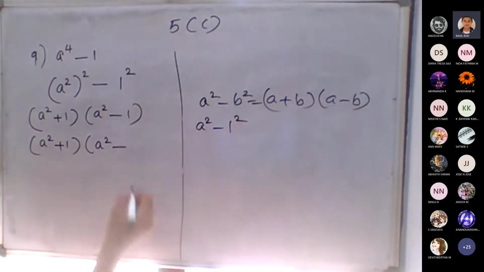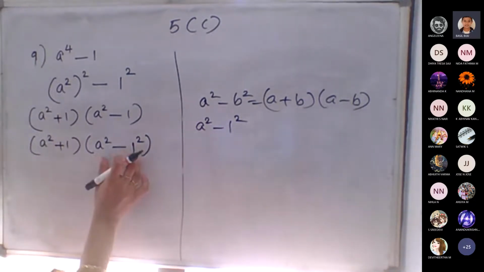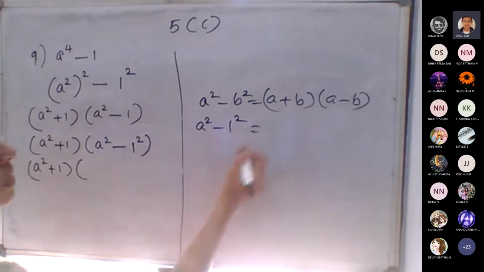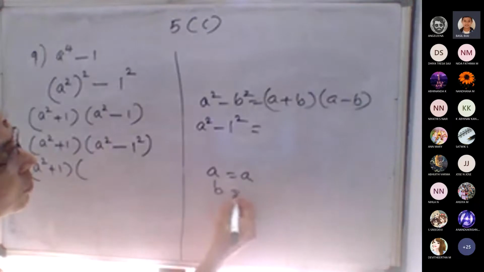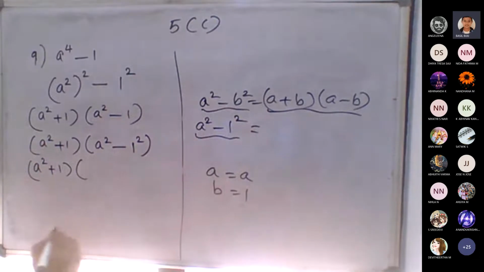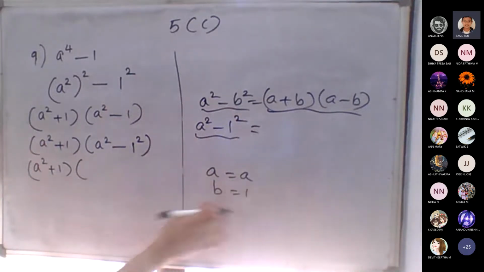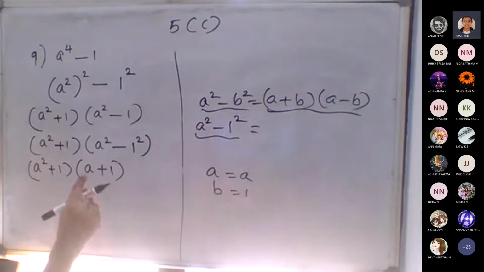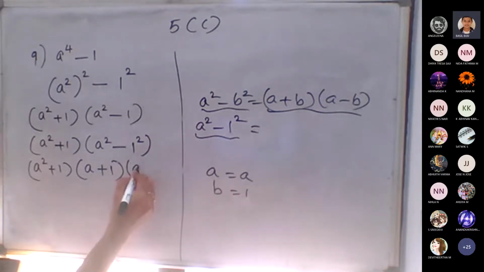That 1 can be written as 1 square. This is in the form of a square minus b square, so we can apply the formula here, where a stands for a and b stands for 1. A plus b into a minus b. Here b is 1.